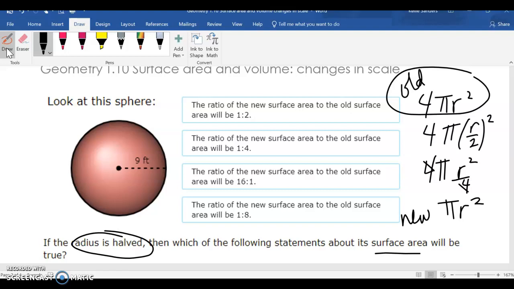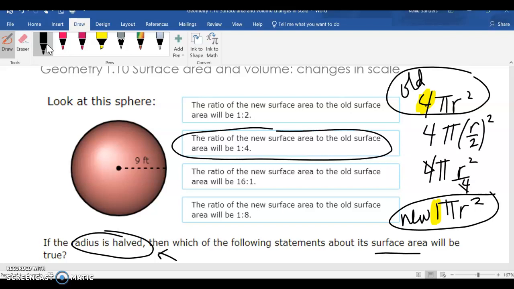So this is the new. What happens? If it's halved, it's going to get smaller, right? And if it was 4, and now it's 1 because there's not a number there, the new surface area is 1 to 4. Now be careful, if there would have been a 4 to 1, don't choose that because we went from bigger to smaller, so it's 1 to 4.